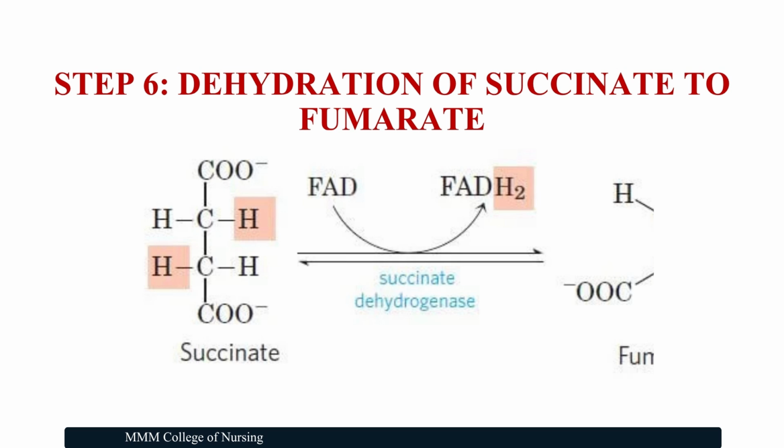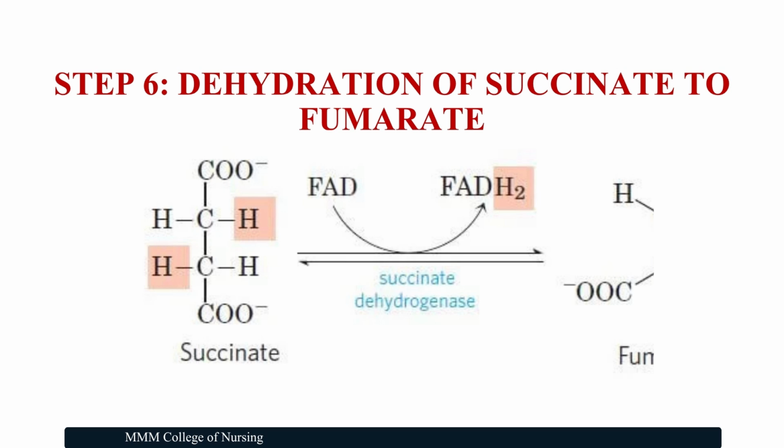Next, step 6 is the dehydrogenation of succinate to fumarate. The enzyme here is succinate dehydrogenase, and it converts succinate into fumarate. Now, in most steps we have seen NAD+ picking up the electrons, but in this step the electron acceptor is FAD, not NAD+.